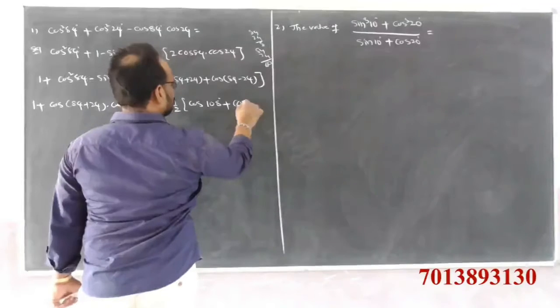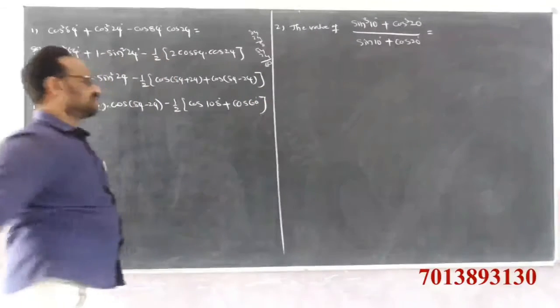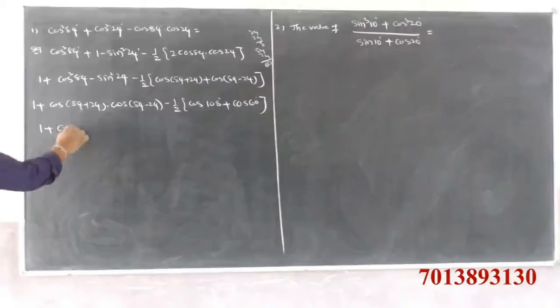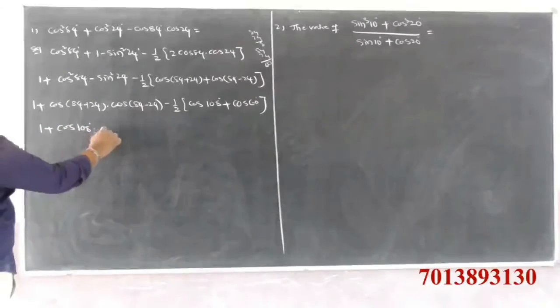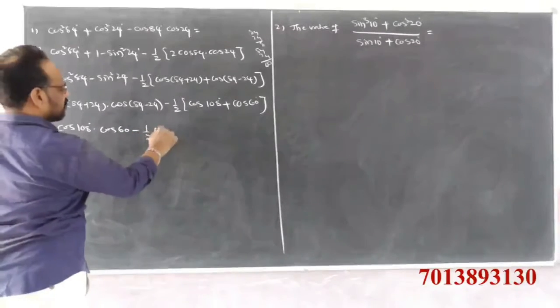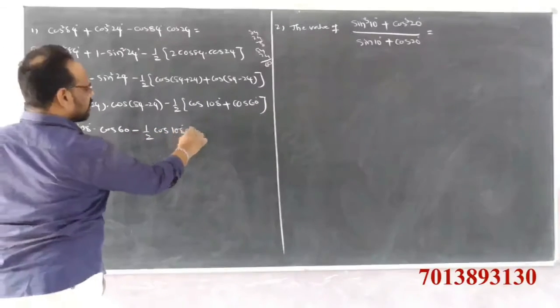So that is 1 plus cos 108 into cos 60 minus 1 by 2 into cos 108 plus cos 60.